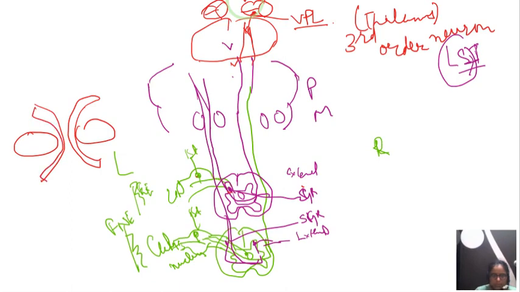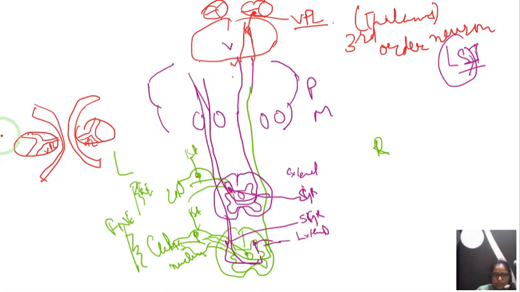Fine. If I draw the thalamus, it looks like this. We have many nuclei in the thalamus, but right now I'm talking about the VPL nucleus only. So the destination: it will terminate and form the third order neuron in the VPL nucleus. Fine. Up to here it is clear.